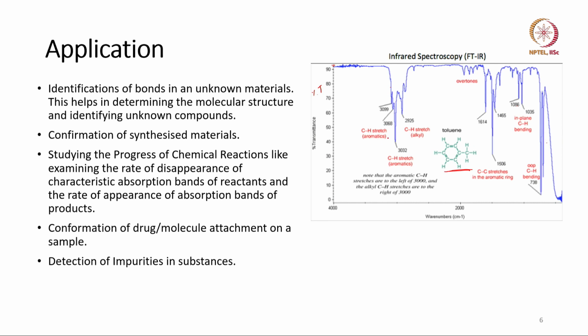You could see that we have a peak around 3060. That's for the CH stretching, and the peak at 2925 also represents the CH stretching, and we have also CH stretching at around 3033, but the aromatic and alkyl stretching are different, so we can differentiate between them.